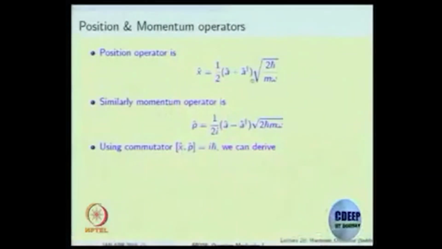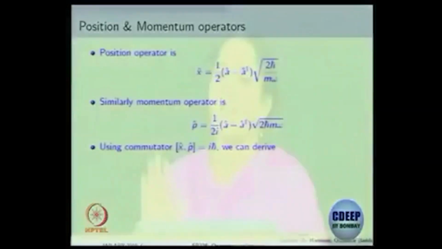Okay, please check these steps from the previous slide, that you get the position operator written in terms of the two operators. These operators are called ladder operators. We'll come to seeing why they are called ladder operators. What is a ladder? A ladder is for climbing up or climbing down. So these operators are supposed to climb up on energy eigenstates or climb down on energy eigenstates.